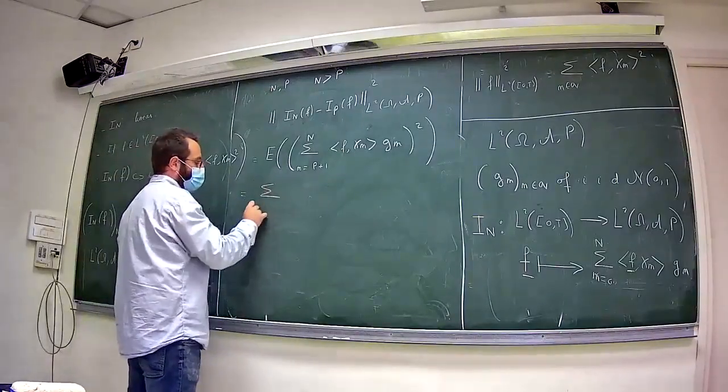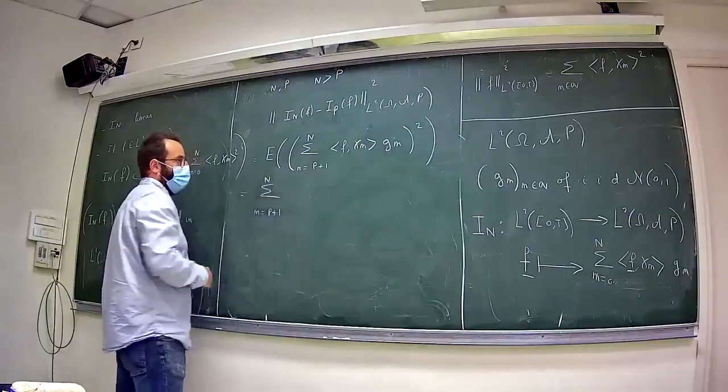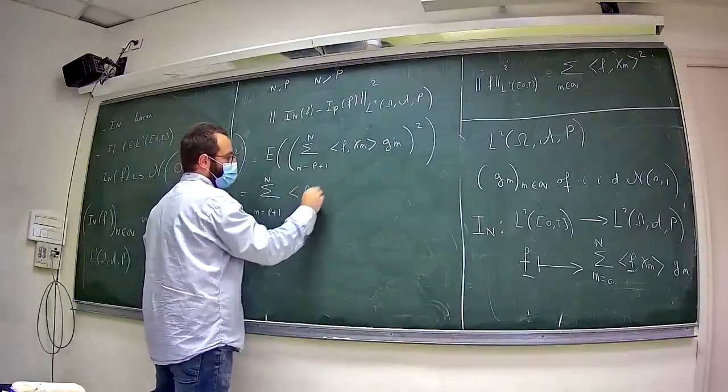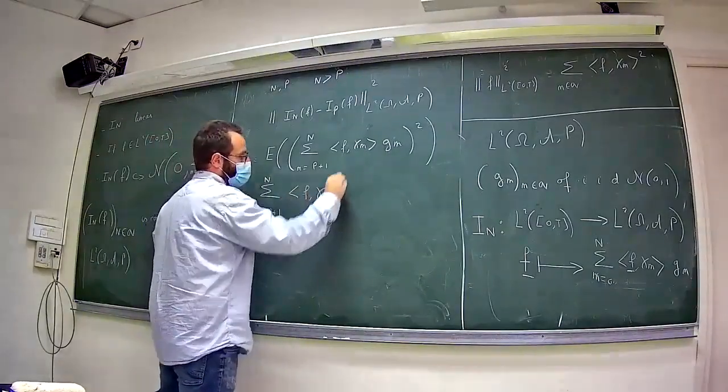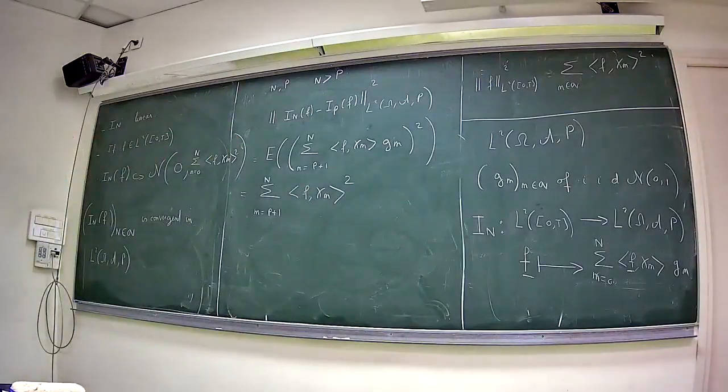The sum from n equal to p plus 1 to capital N of this one, because the variance of the Gn is 1 and the covariance between two different ones is 0, because they are independent Gaussians with mean 0 and variance 1.